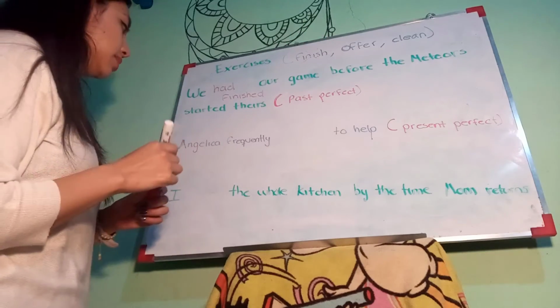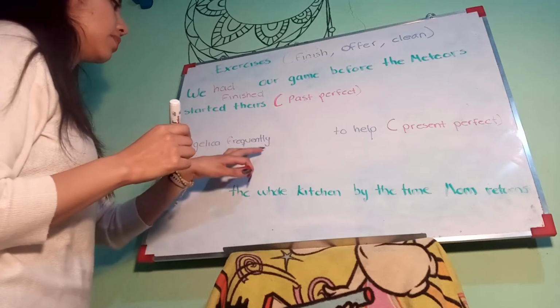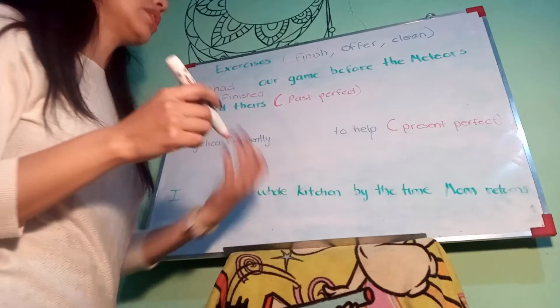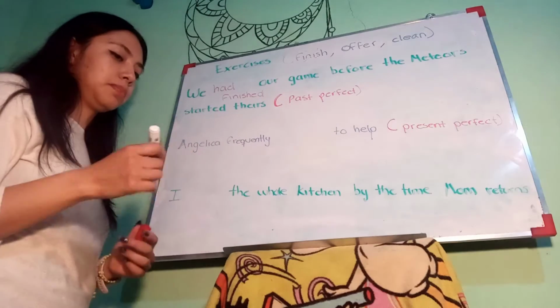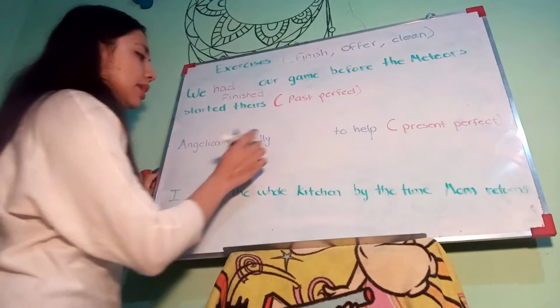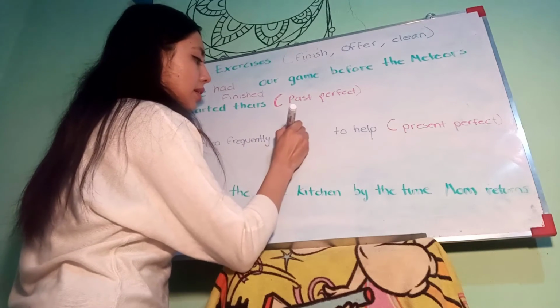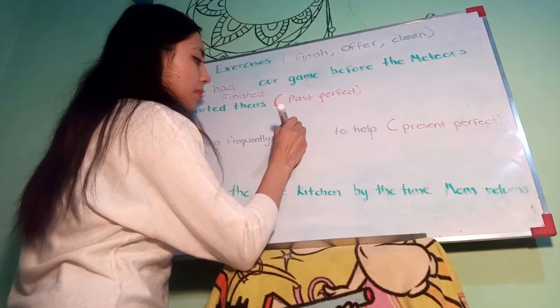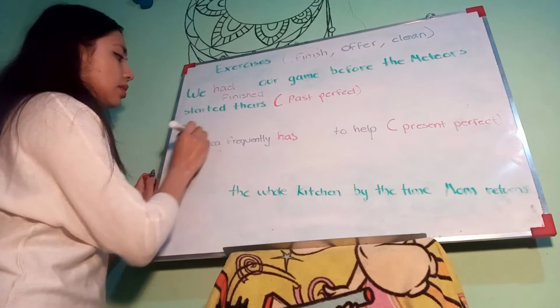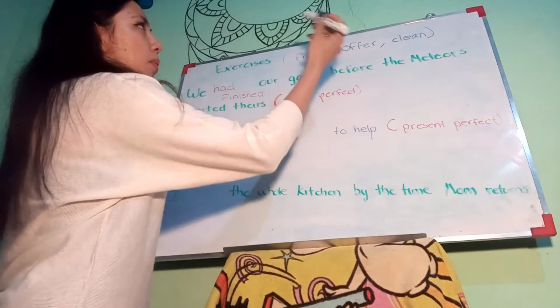The second one. Angelica frequently blank to help. Present perfect. What is the structure of present perfect? Okay, Angelica frequently has, because it's a third person. She has.